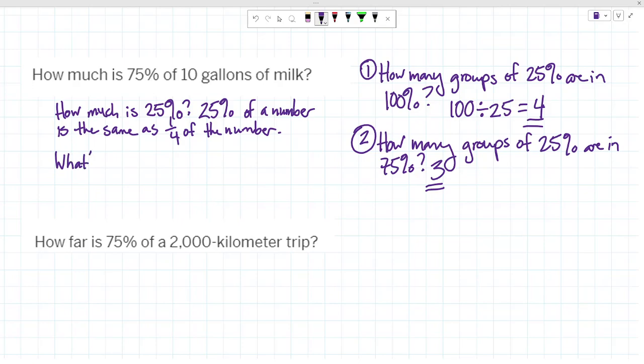So what's 1/4 of 10? Well, half of 10 is 5. So what's half of 5? Well, half of 5 is 2.5.